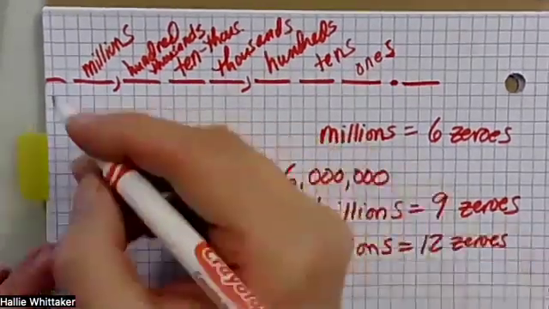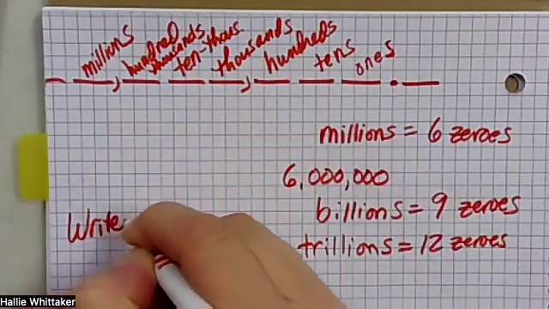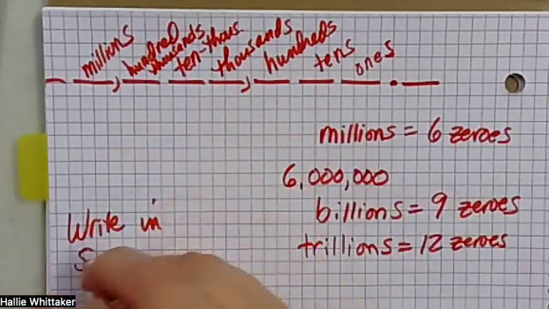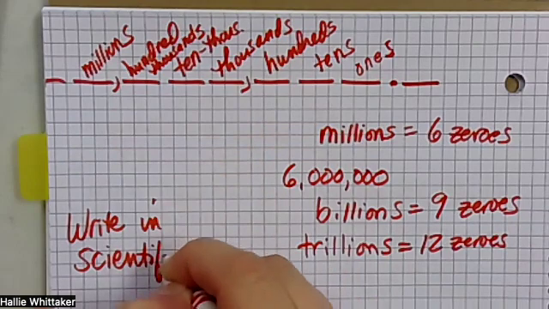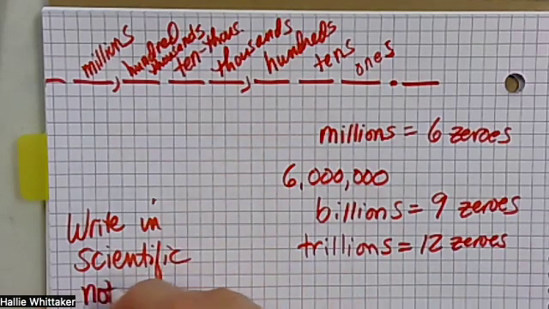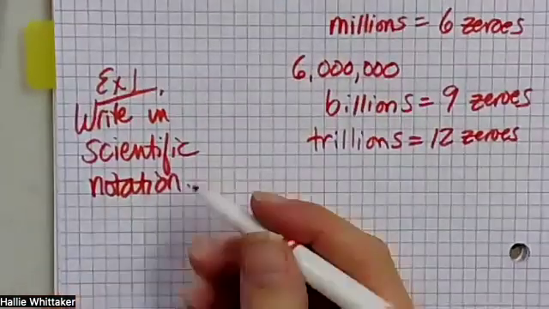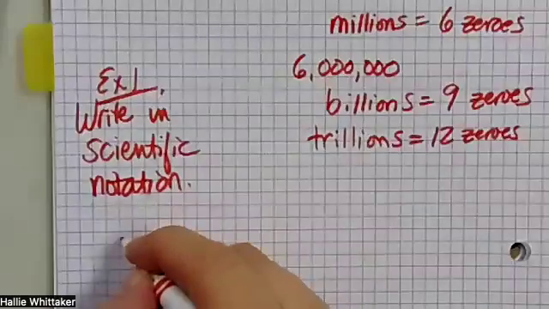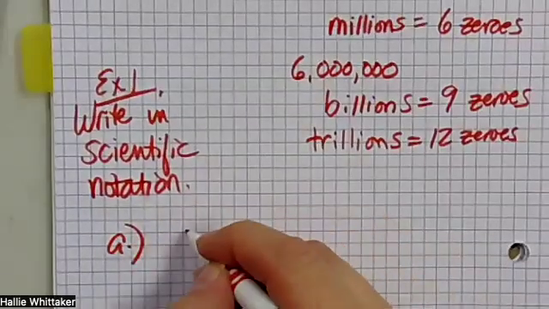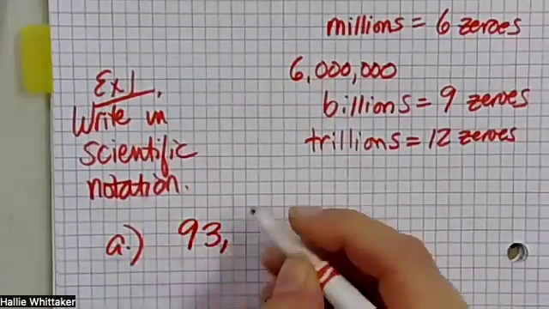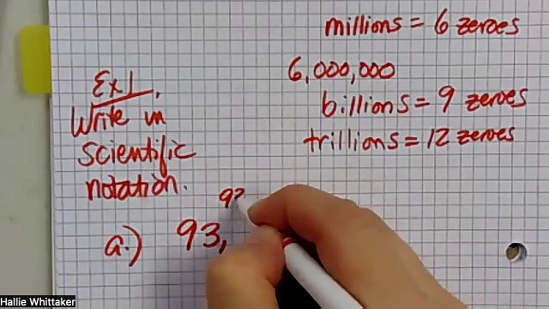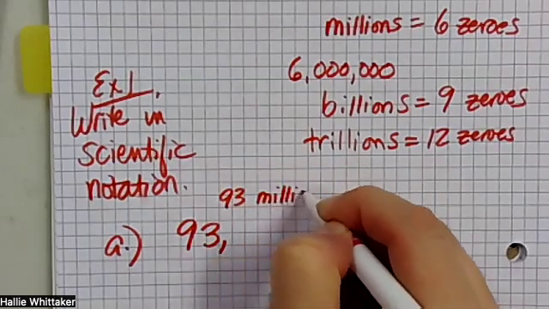So let's say I ask you to write some numbers in scientific notation. This is example 1. And I tell you, this is the distance from the sun. It is 93, and you may get some things like 93 million.